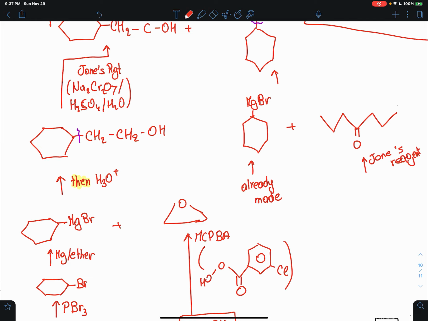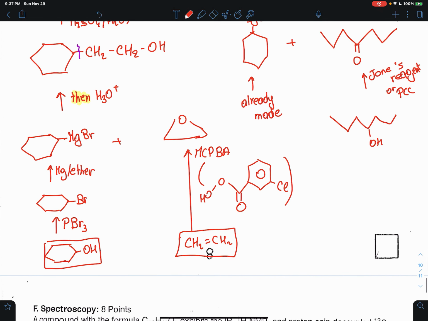And you should know the difference between Jones and PCC. When you have a primary alcohol, Jones reagent is going to take it all the way to a carboxylic acid, while PCC will take it all the way to an aldehyde. This is a big difference between those two reagents. But with a secondary alcohol, it's not going to matter because they're both going to go to a ketone. So that's going to form this thing with an OH.